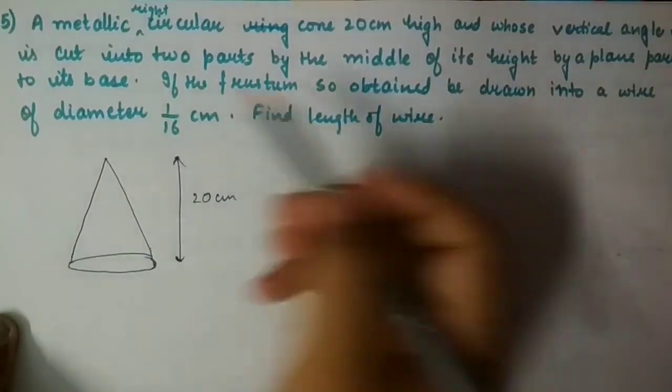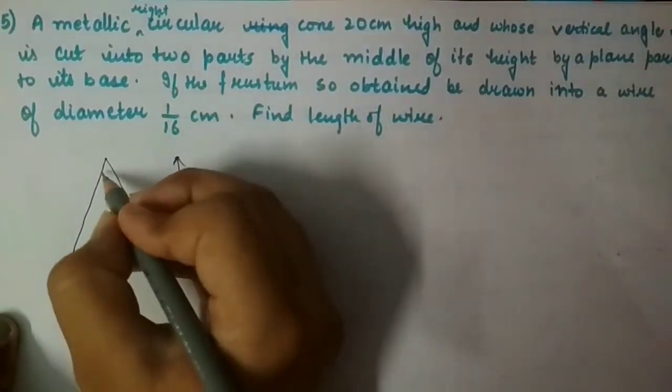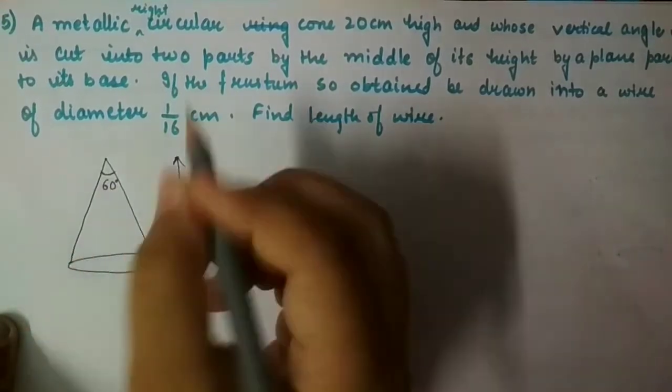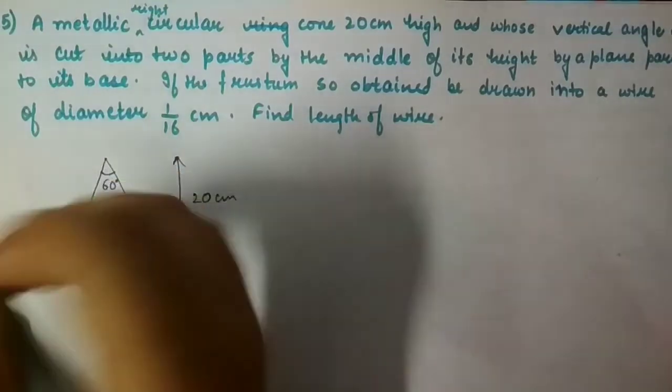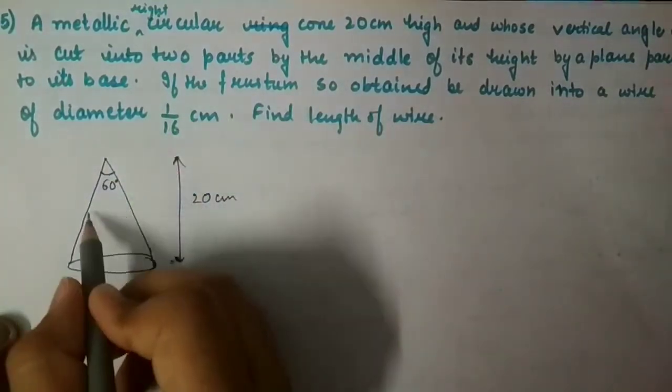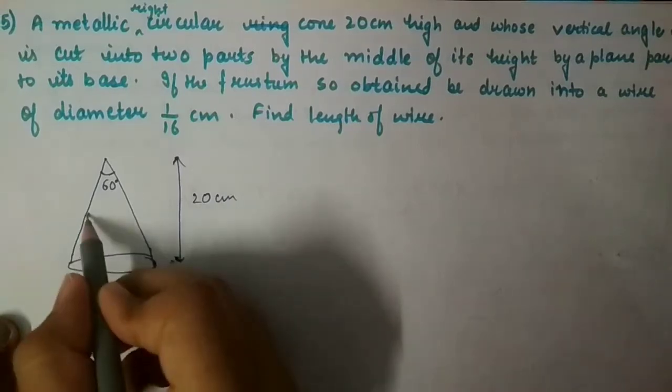Now they are saying that the vertical angle is this angle. So this angle of the cone is 60 degree. And the cone is cut into two parts by a plane parallel to its base at the middle of its height.